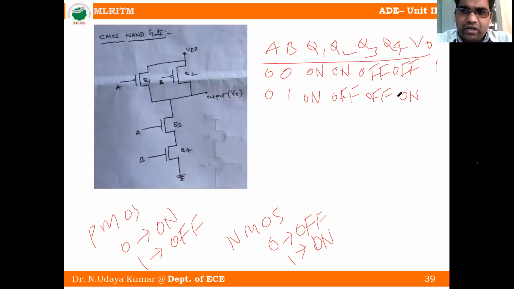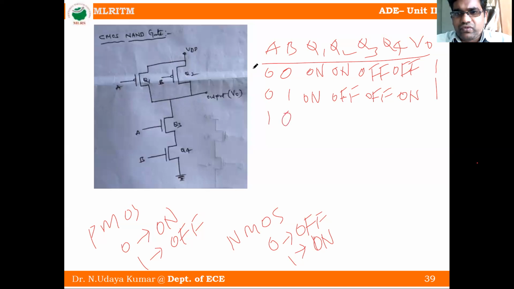Even though Q4 is on, there is no connection from output to ground because Q3 is off. Q1 is on, meaning short circuit, so VDD is directly connected to V0. We will get output as 1.